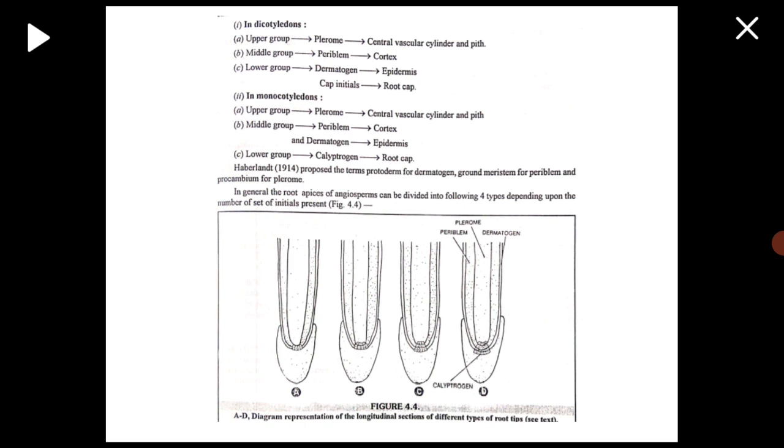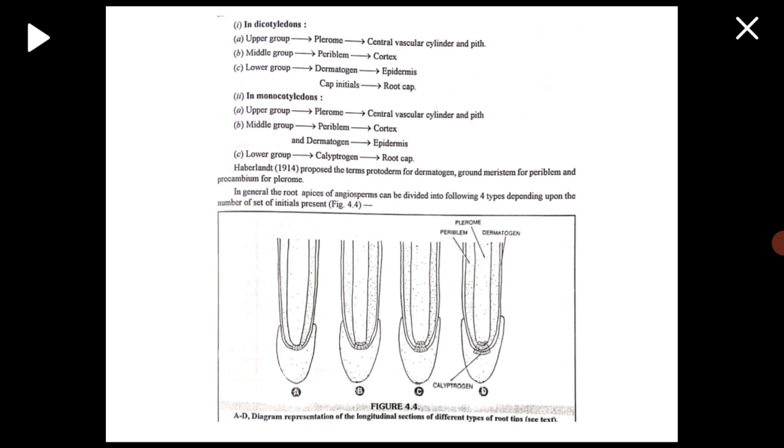In monocotyledons, the outermost group gives rise to cap. The median group forms the dermatogen and periblem, and the innermost forms the plerome.